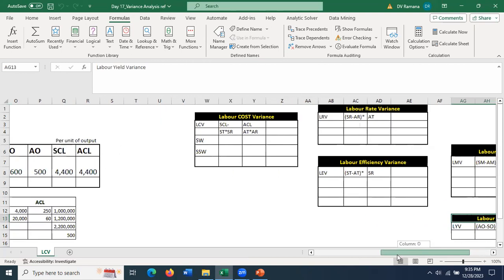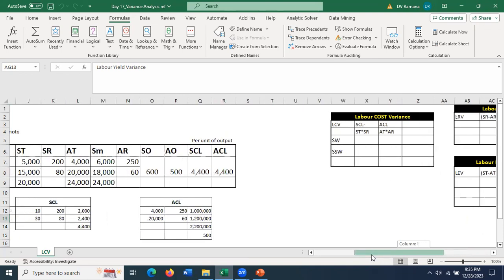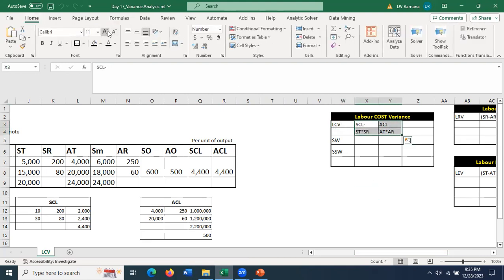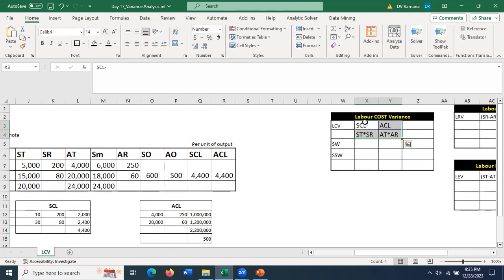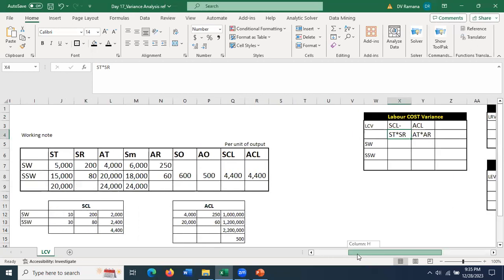So labor cost variance is standard cost of labor minus the actual cost of labor. Standard cost of labor is standard time into standard rate.